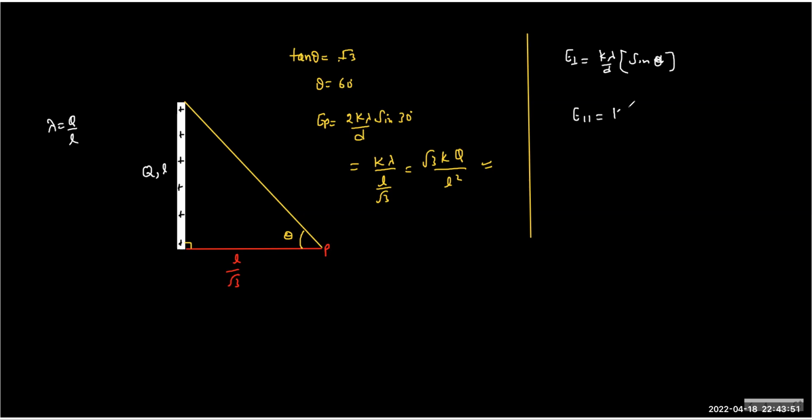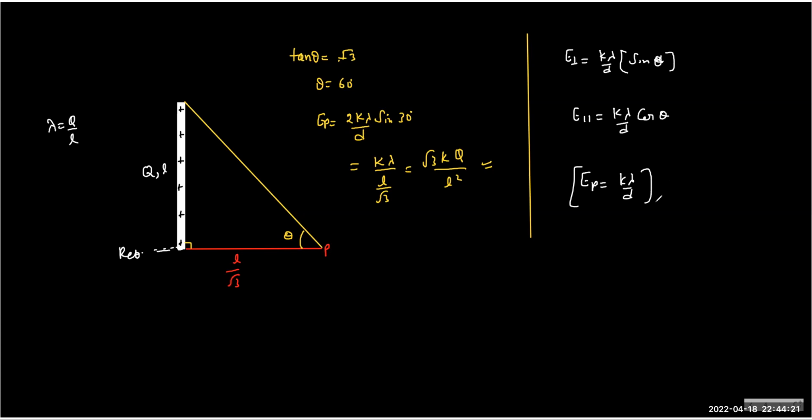And E parallel is k lambda by d, and we can just write cos theta, because that's only one angle given. Because this is the perpendicular, always remember the line which is perpendicular will be taken as a reference. So the angle is taken from the reference only, not anybody else. And then of course, if you square and add, EP becomes k lambda by d itself, right?